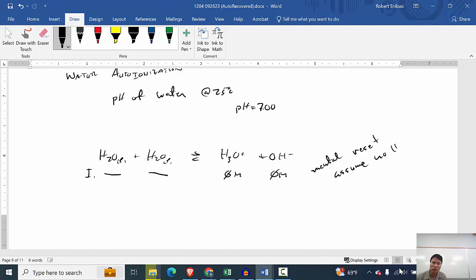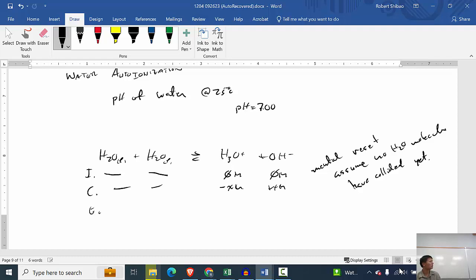No H2O molecules have collided yet. And then we're mentally going to turn on the temperature or the collisions, the kinetic energy, and allow these to collide. So this is going to be plus X molar, plus X molar. And so then at equilibrium, we're going to get X molar and X molar.